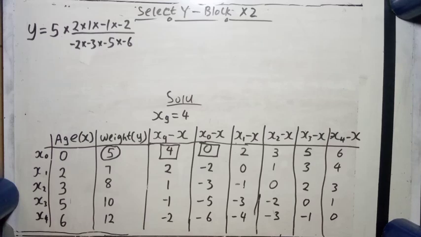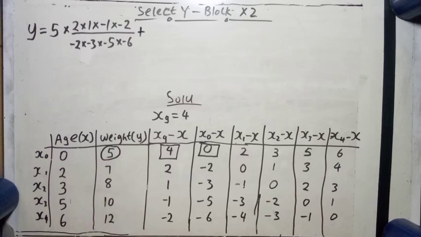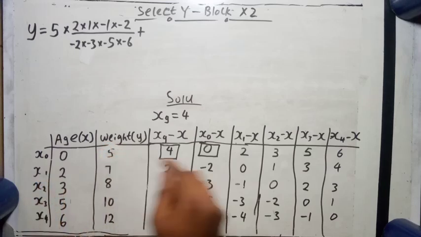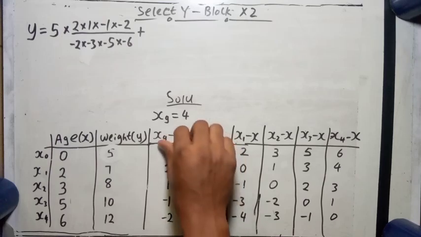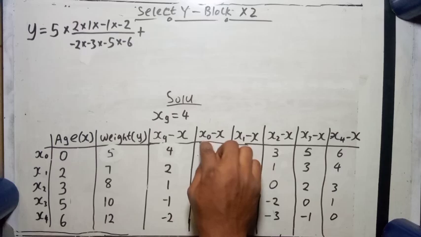Now all this you will add them, then you move over to the second row, which is this for x1. So the same thing that you did for the first row, you also be doing it for the second row.